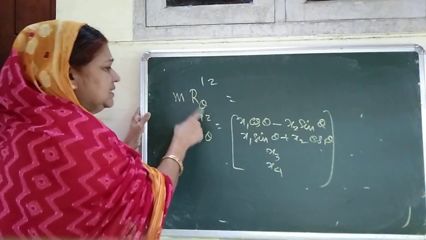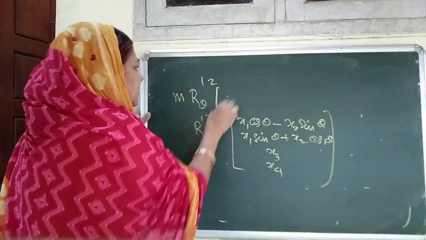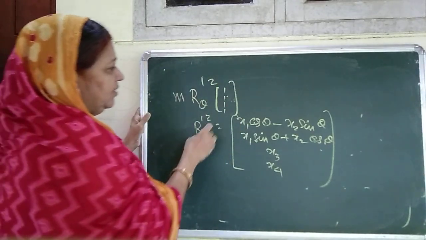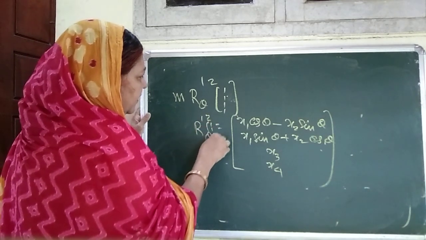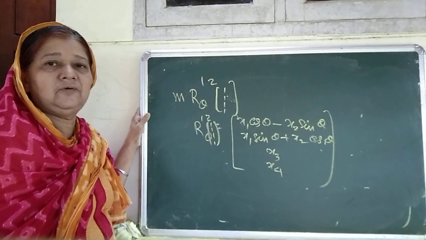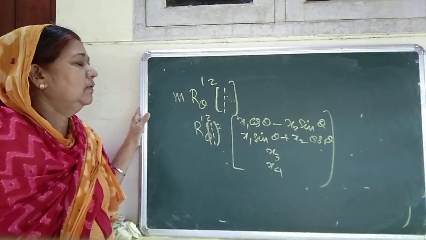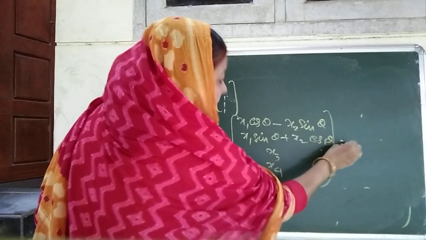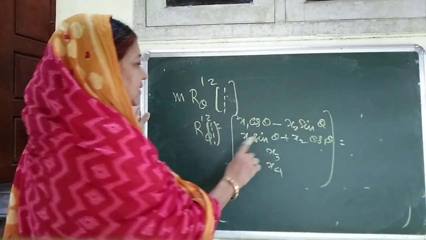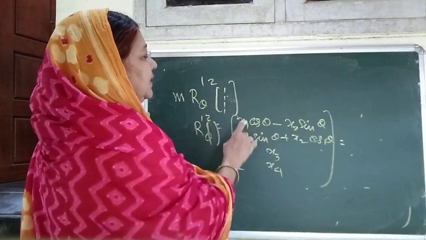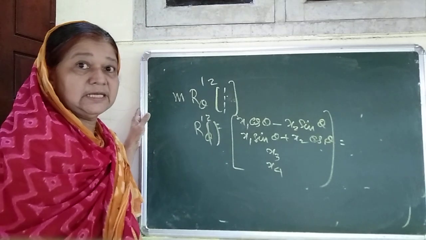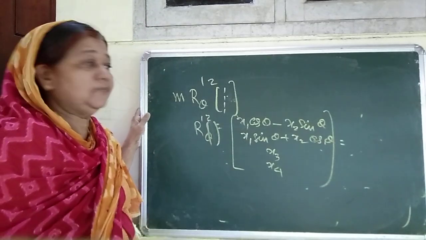Suppose that vector is 1, 1, 1, so x1 equals 1, x2 equals 1, x3 equals 1, etc. Otherwise we can see that it is x1 into cos theta minus x2 into sin theta plus x3 into 0, x4 into 0.